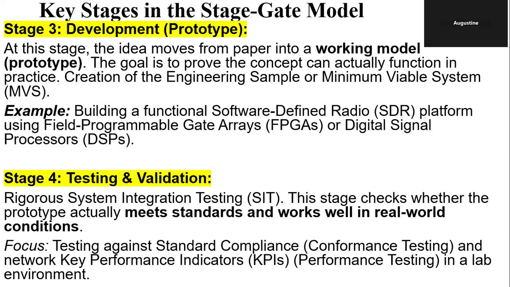Then the third element of the stage gate model is the development of a prototype. So the third stage is all about turning the idea into a first working version, and normally we call it a prototype. We call it a prototype so that it can be tested to see if it actually works outside the idea which was existing on paper or a theory that was propounded.